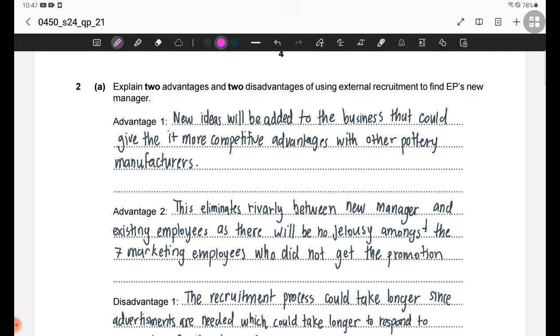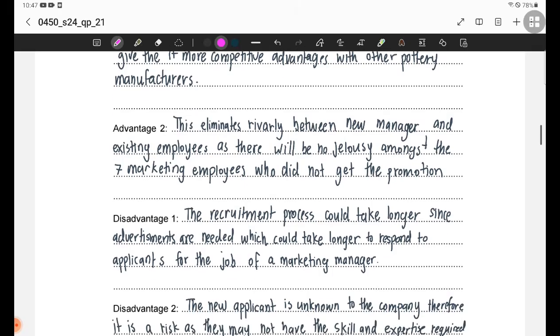So the other 7 employees will be jealous, but since the assistant is not going to take it, nobody is jealous. So this eliminates rivalry between the new manager and the existing employees, as there will be no jealousy among the 7 marketing employees who did not get the promotion.